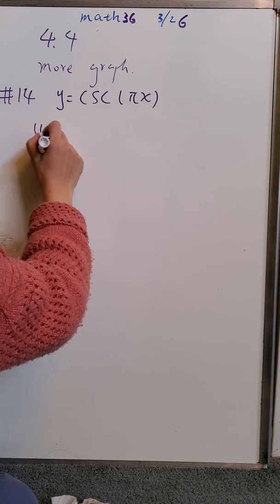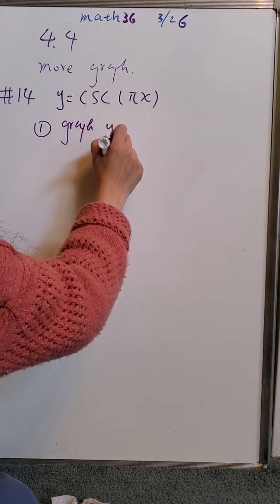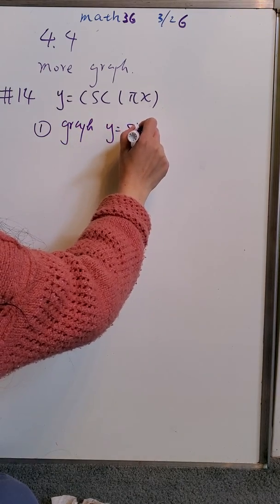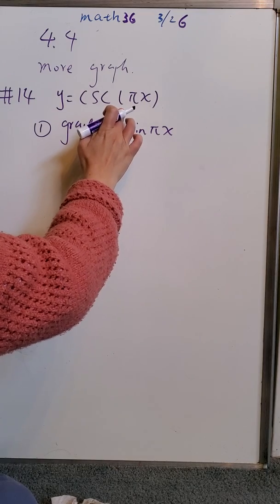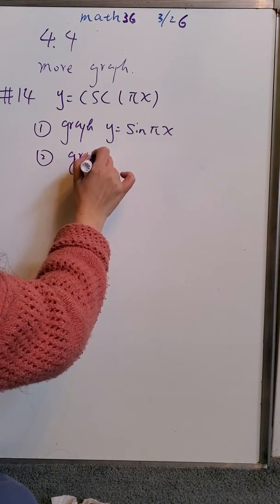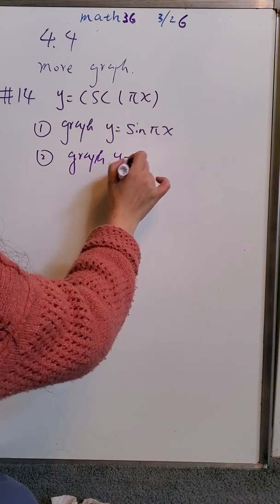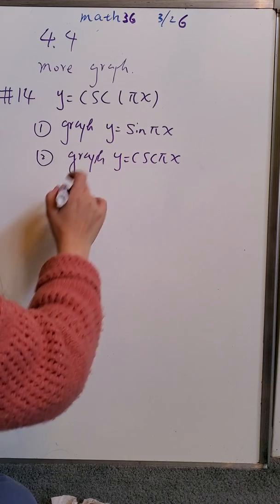So what we need to do is first graph y equals sine pi x. I'll teach you how to graph this one. After that, we're going to graph y equals cosecant pi x.